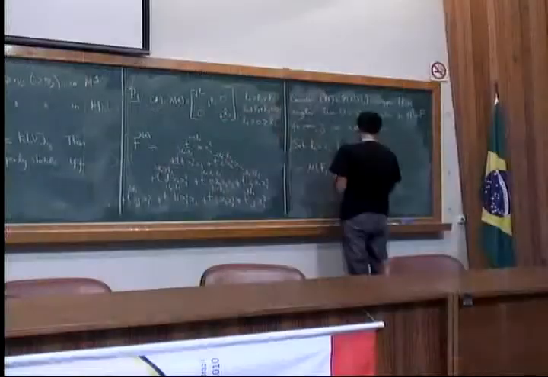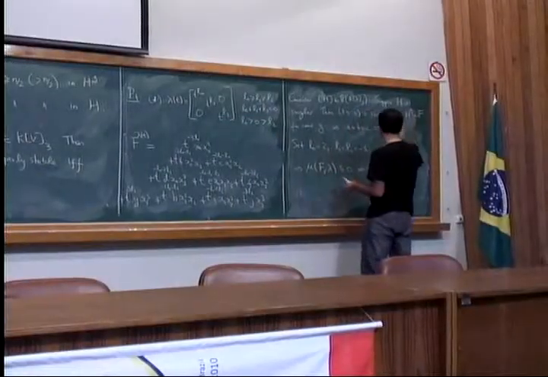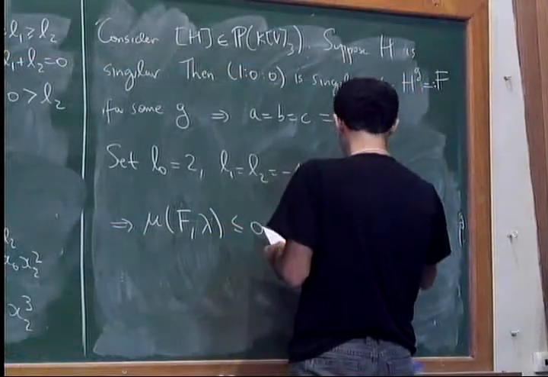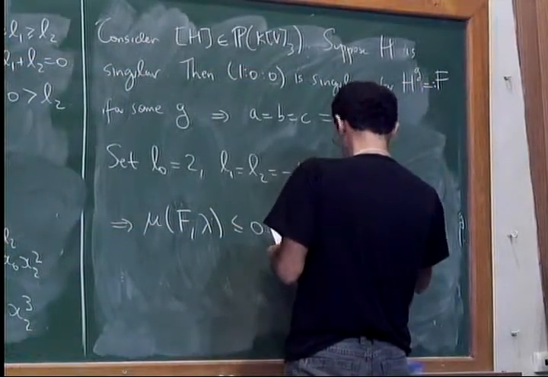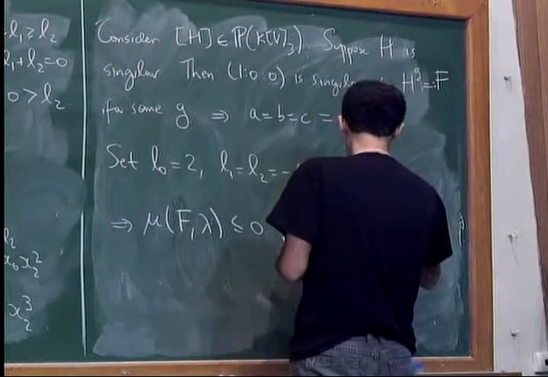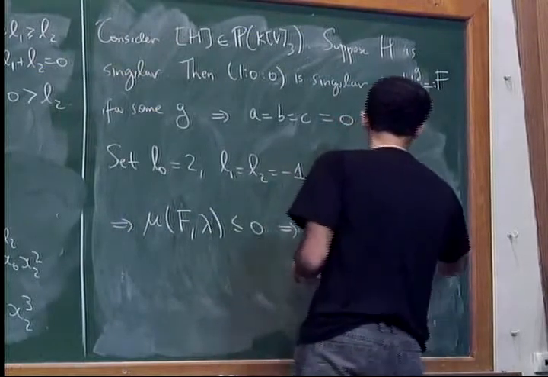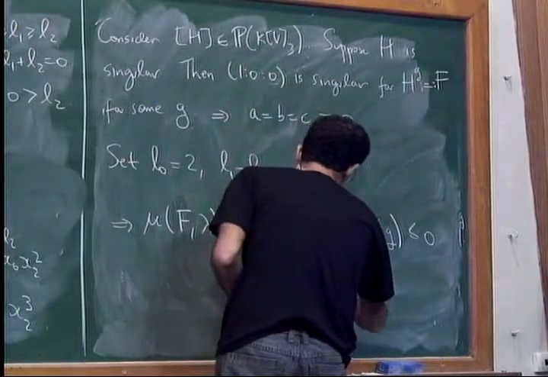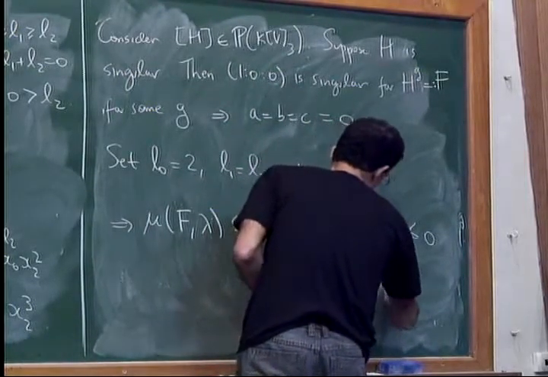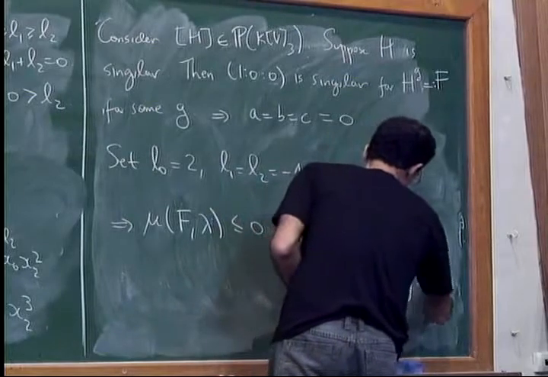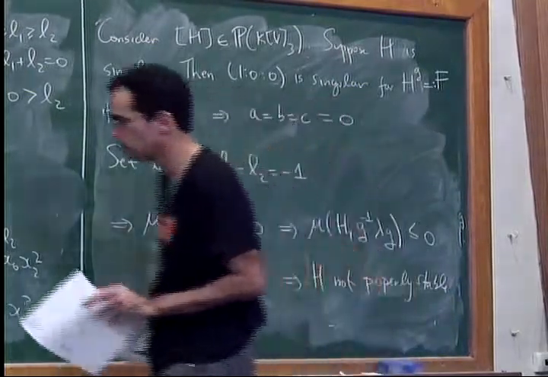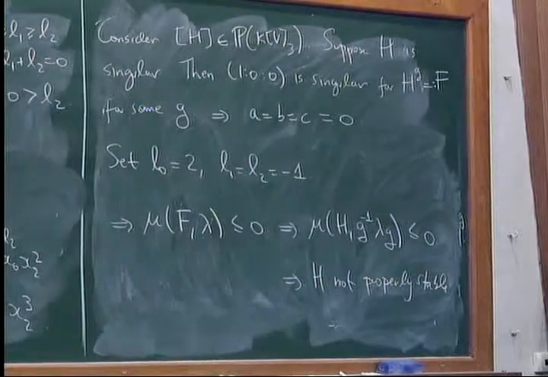And then that's the remark I mentioned, since f is hg, then that implies that mu is non-positive for this one-parameter subgroup. Okay, and then h is not properly stable. Okay, this is one direction.